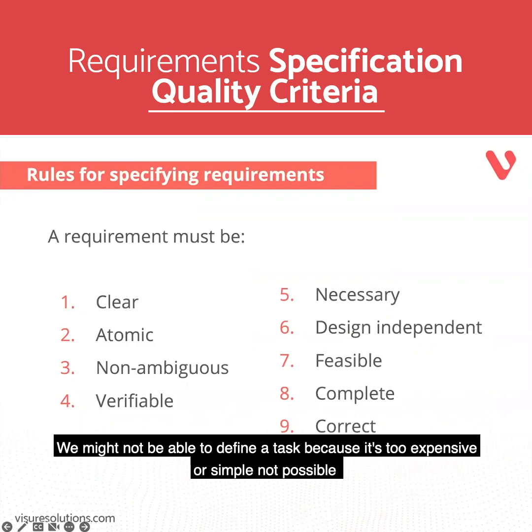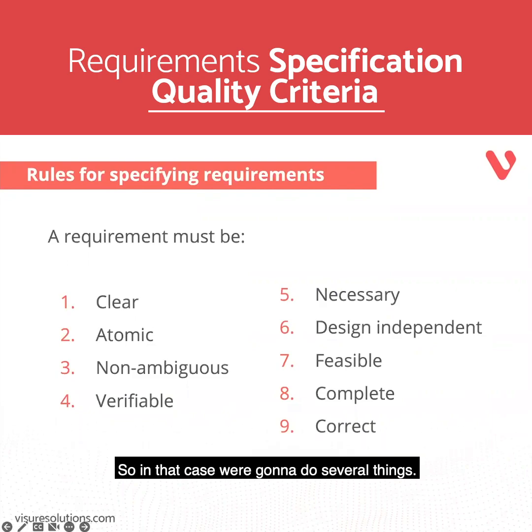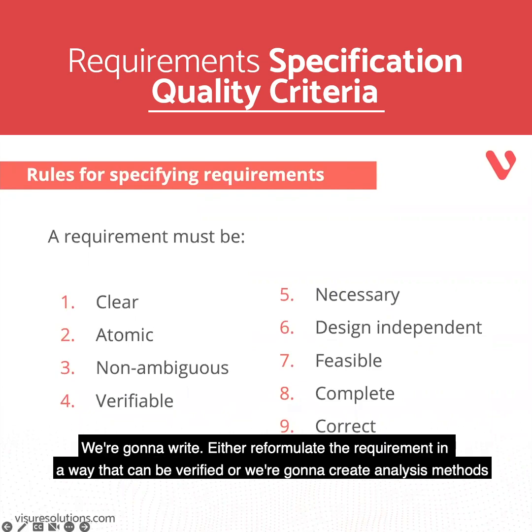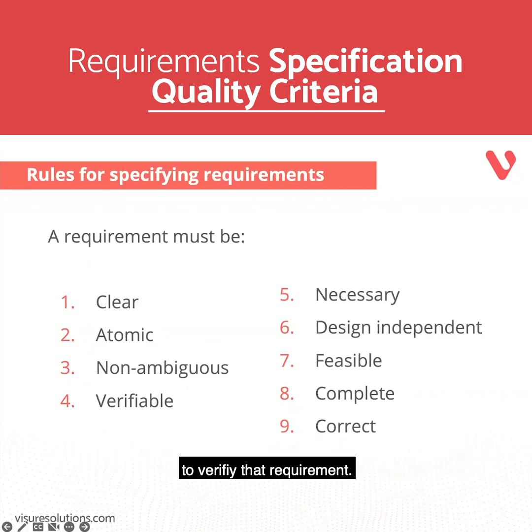We might not be able to define a test case because it's either too expensive or it's simply not possible. So in that case, we're going to do several things. We're going to either reformulate the requirement in a way that can be verified, or we're going to create analysis methods to verify that requirement.